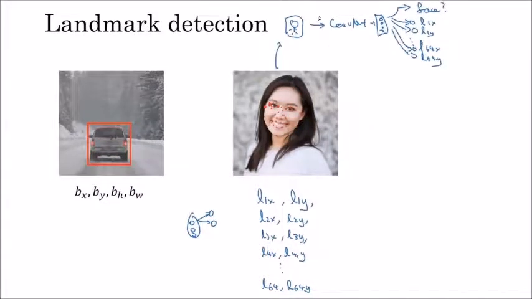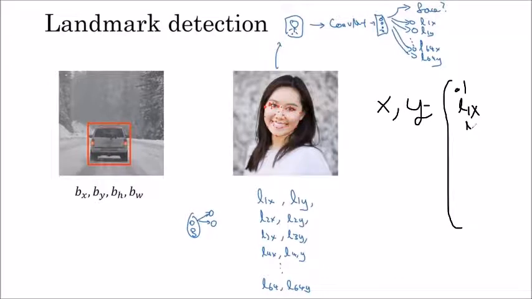Now we use these 64 landmarks as the output we expect when we give the training sample. X is nothing but the image, and Y is a 129-value array, in which the first value is 1 if it is a celebrity face, and the remaining values are the landmark 1 X coordinate, the landmark 1 Y coordinate, and like that, the landmark 64 X coordinate and the landmark 64 Y coordinate.